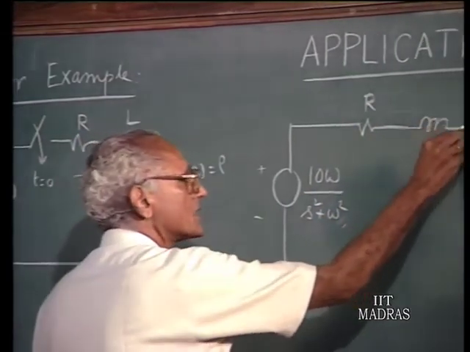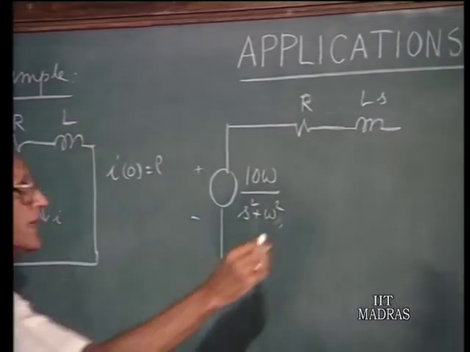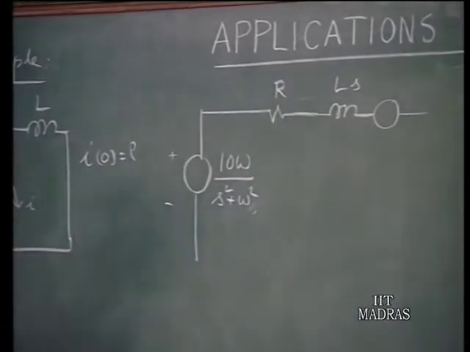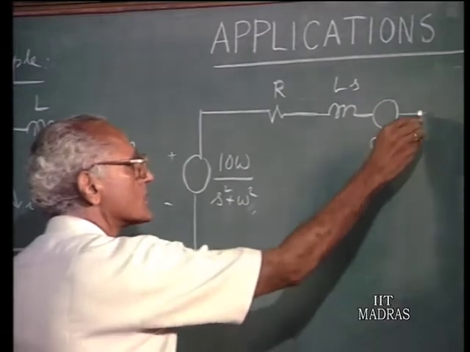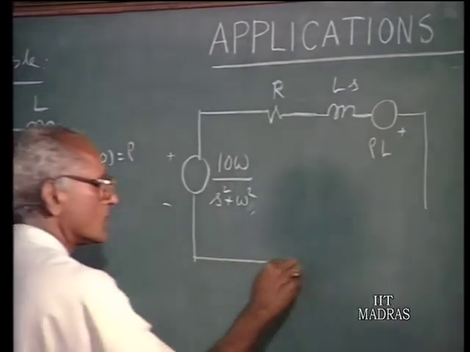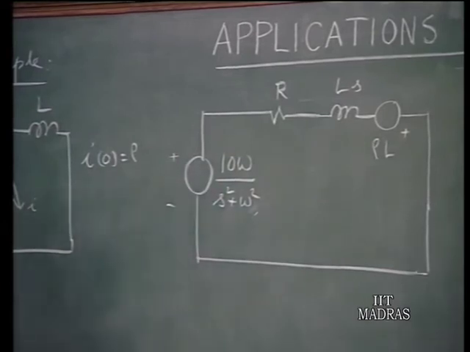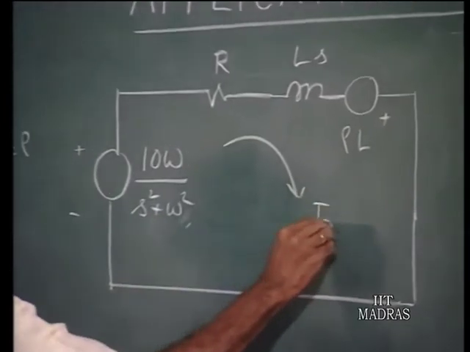As far as the inductor is concerned, you have a generalized impedance Ls, and in addition you have a voltage source representing the initial current in the inductor, which is L times rho. So, that completes the transform diagram, and in this we are interested in finding out the current I(s).